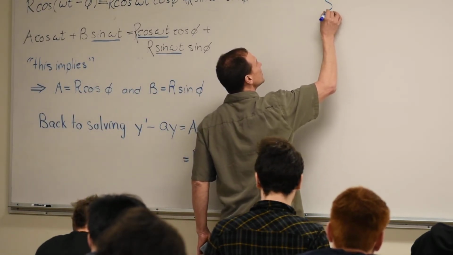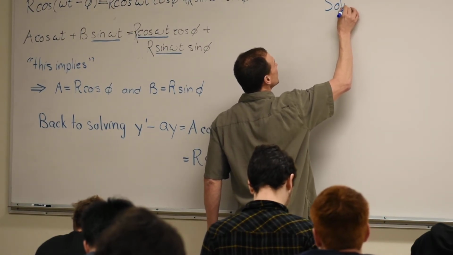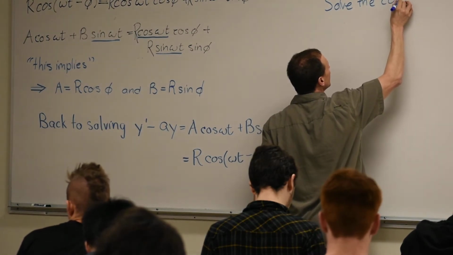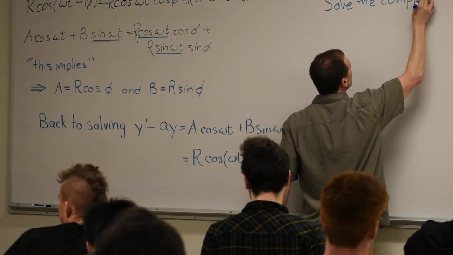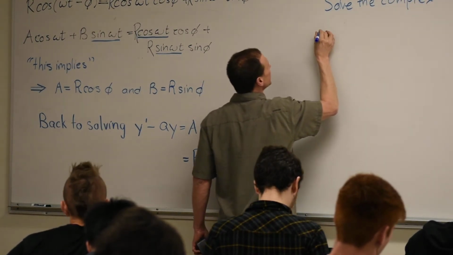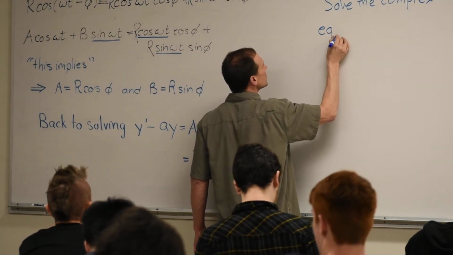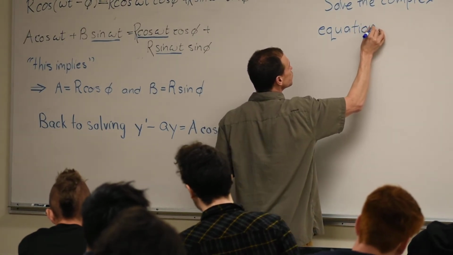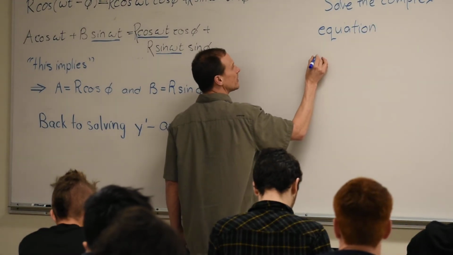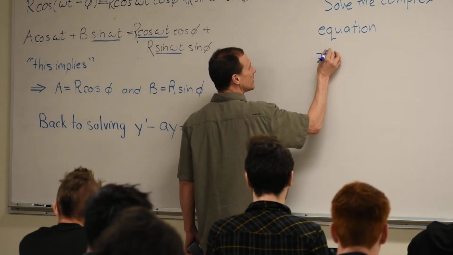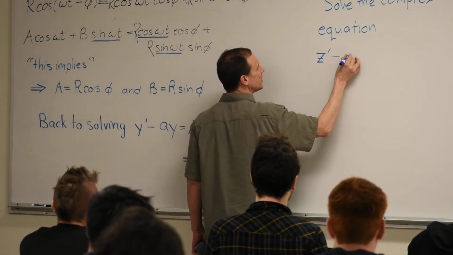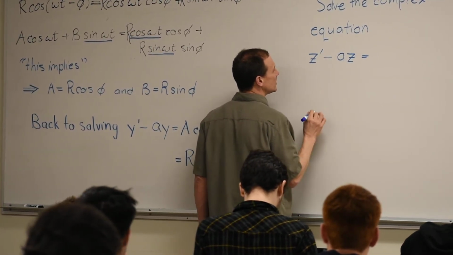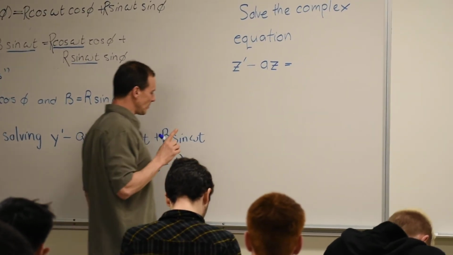So solve the complex equation like this: z prime minus a z equals k.